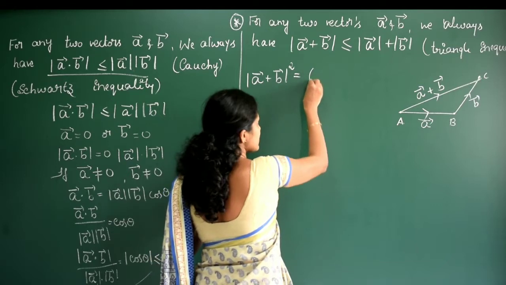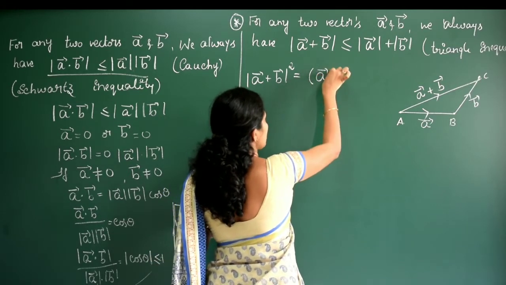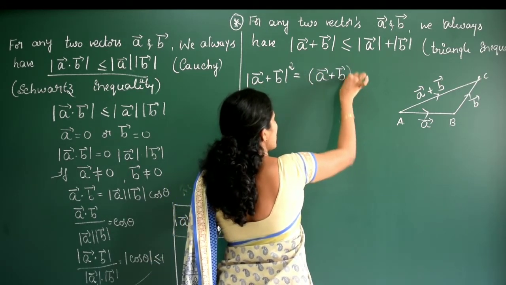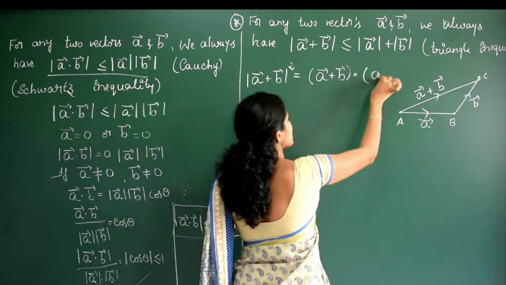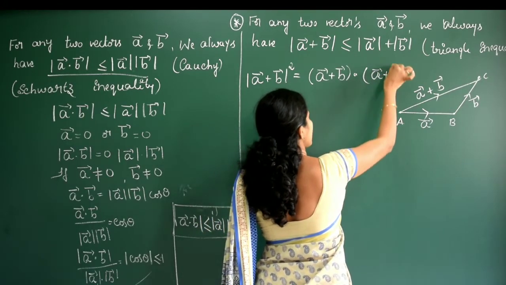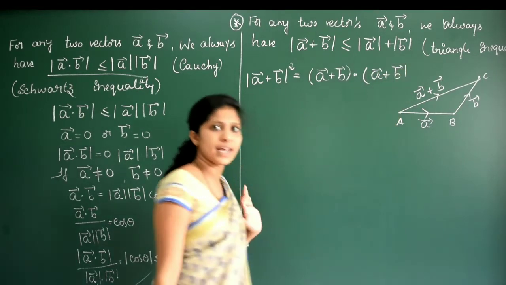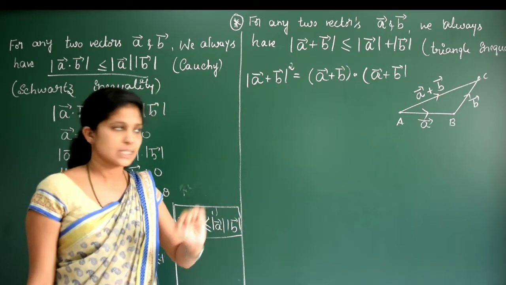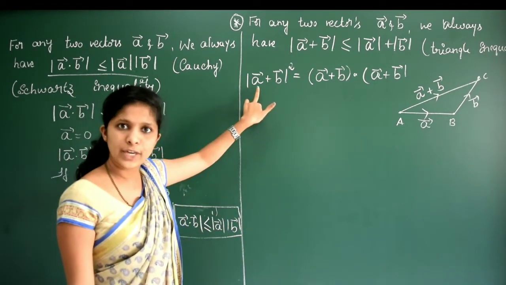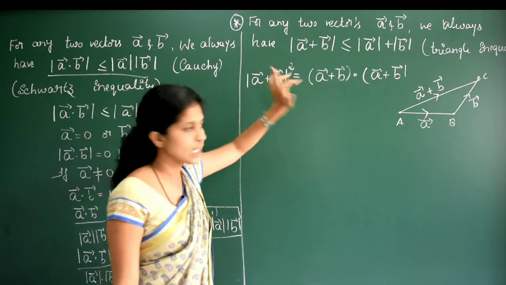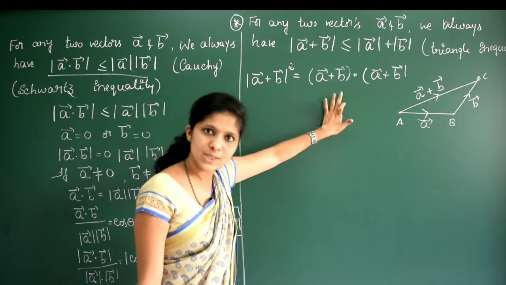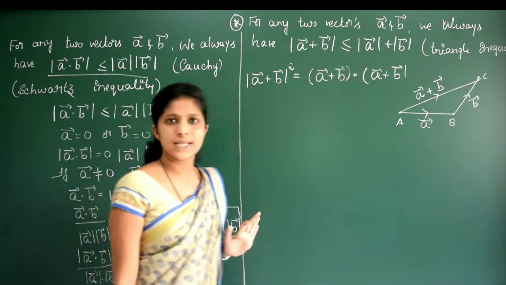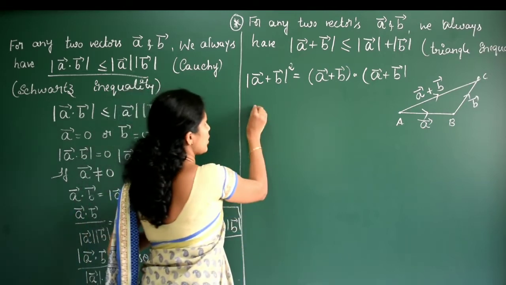I can write this as A vector plus B vector dot A vector plus B vector. Square can be written as x vector dot x vector. So similarly, the magnitude of a vector plus b vector square can be written as a vector plus b vector dot a vector plus b vector. Now we will apply the dot product here.